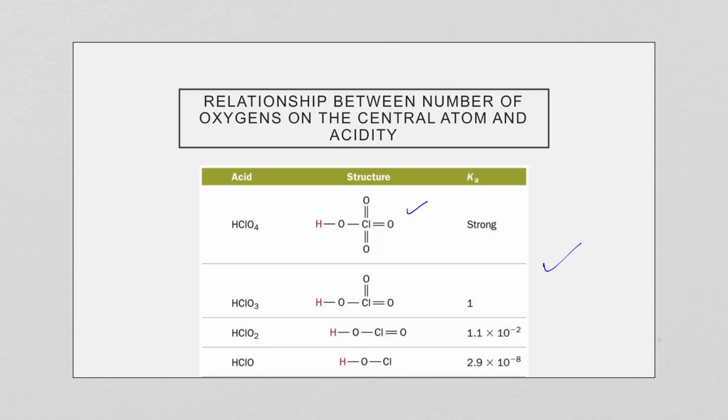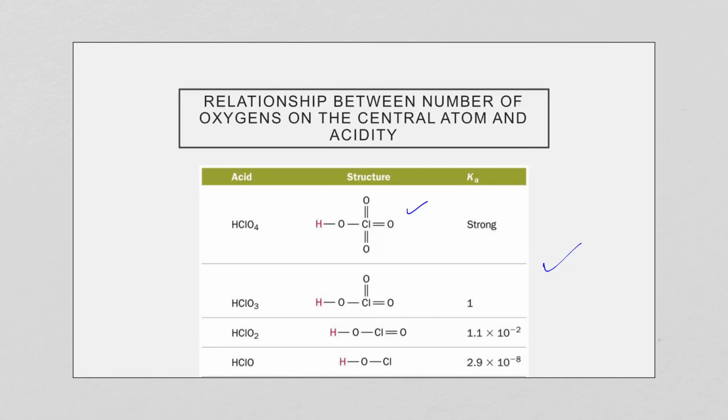All right, so those are some basic structure trends and how they can affect the strength of both binary and oxyacids. The 2 key components there are electronegativity and bond strength.